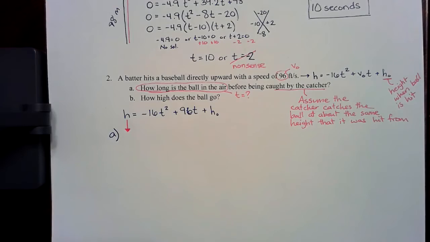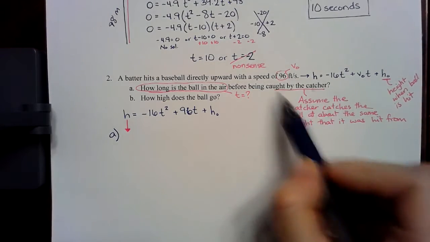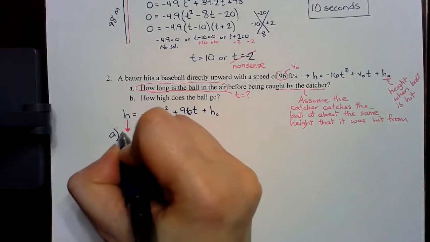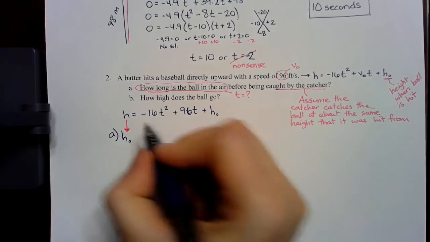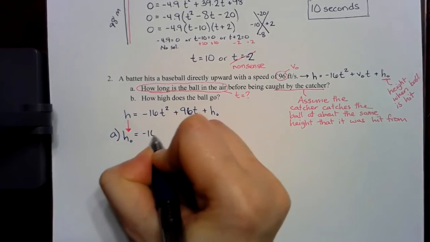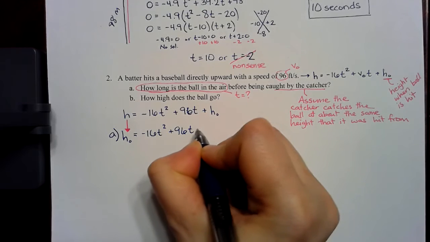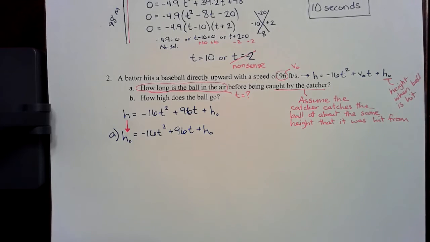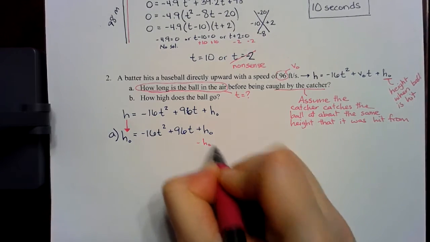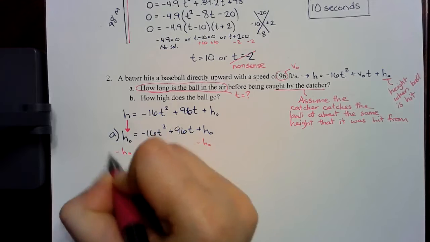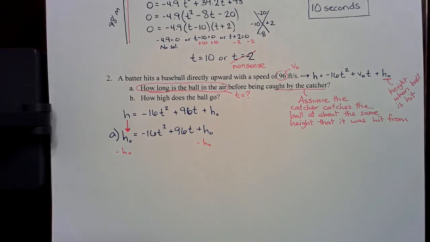I'm going to replace that h with the height when it was caught, which we're assuming is the same as that initial height. And from here, I'm going to want to make sure it equals 0 so that I can solve.